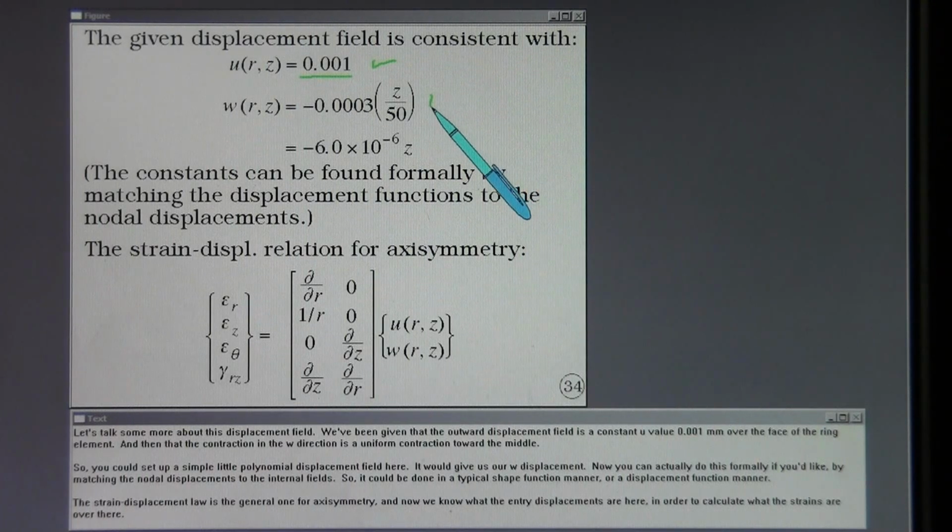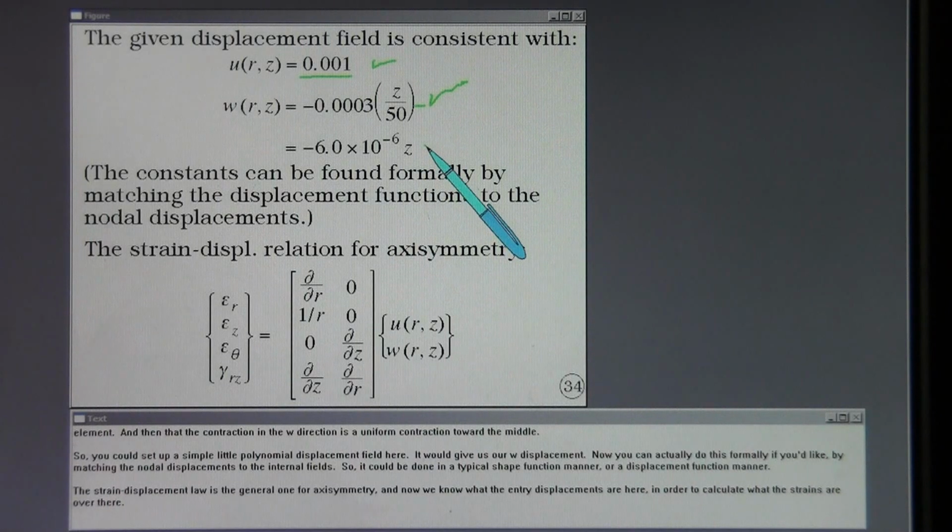So you could set up a simple little polynomial displacement field here. It would give us our W displacement. Now, you can actually do this formally if you'd like by matching the nodal displacements to the internal field. So it could be done in a typical shape function manner or a displacement function manner.